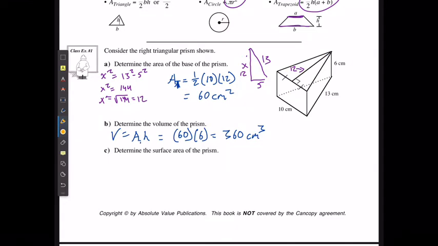So I have two of those triangles, plus I have these rectangles that make up the side here and the side here, and those are going to be identical rectangles. And finally, I have the rectangle that exists on the bottom.